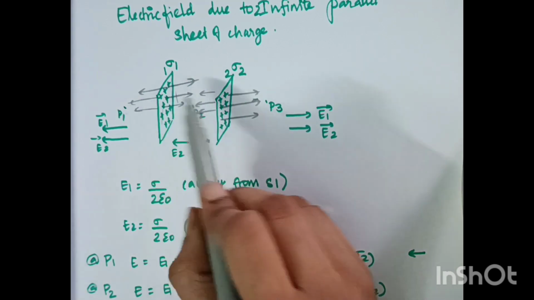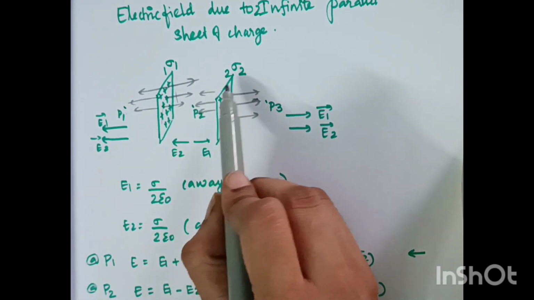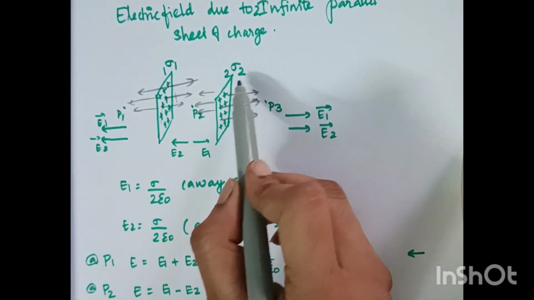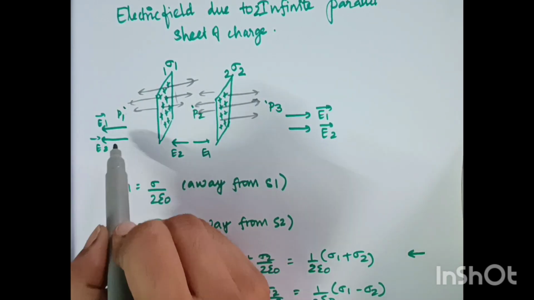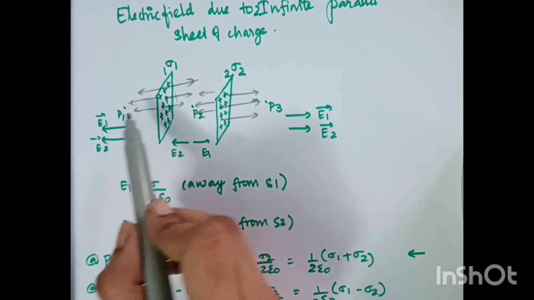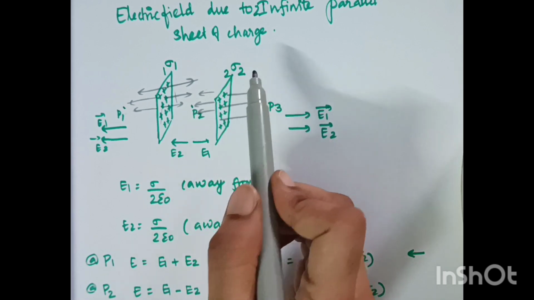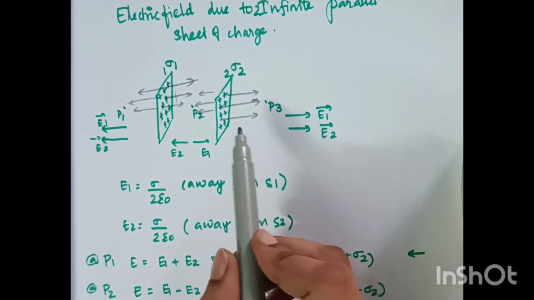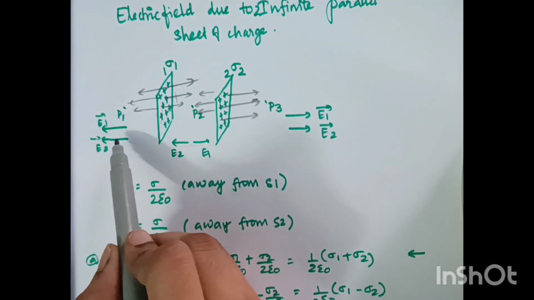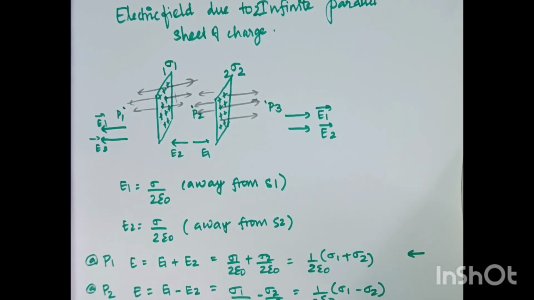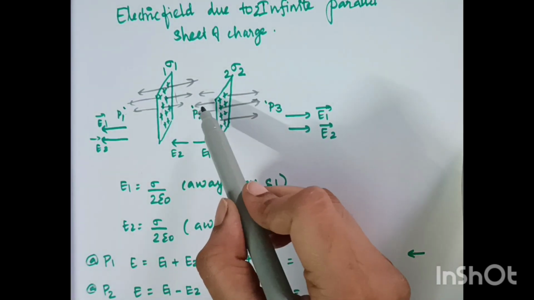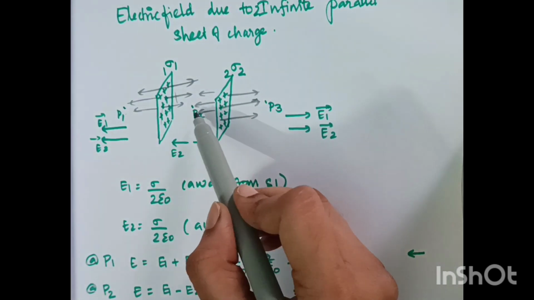Again this point is towards the left of sigma 2, so the electric field lines because of sigma 2 will also be towards the left. So at point P1, because of sigma 1 and sigma 2, that is because of these two plane sheets, the electric field is towards the left side. So please note that.